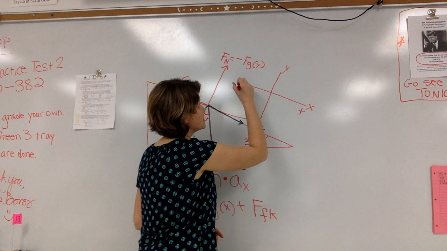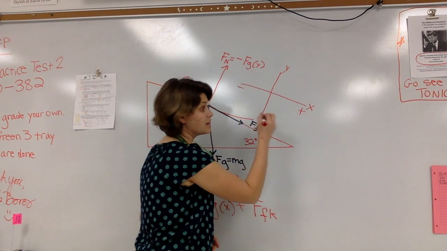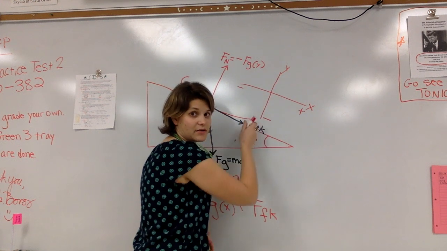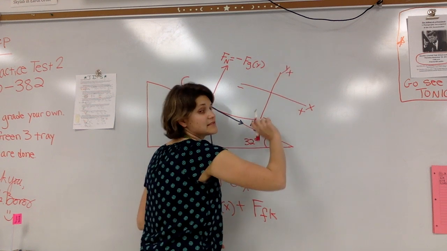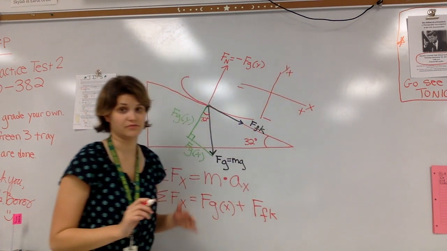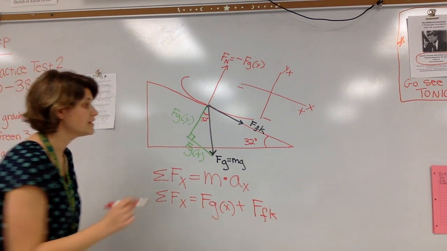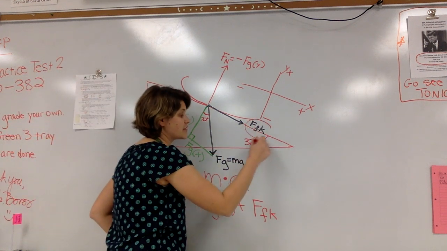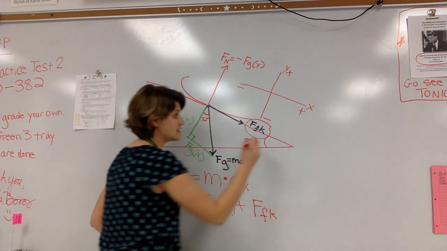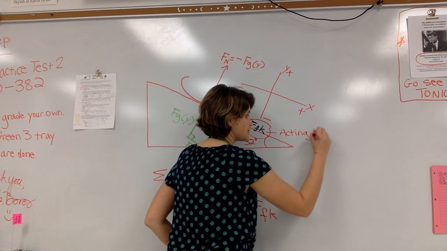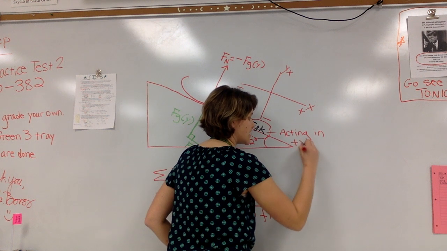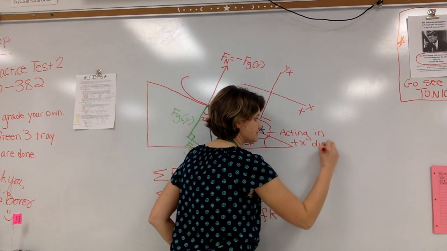Positive x is down the hill, negative x is up the hill, negative y is down into the hill itself, and positive y is straight up perpendicular from the hill. That means that this friction is actually acting in the positive x direction.